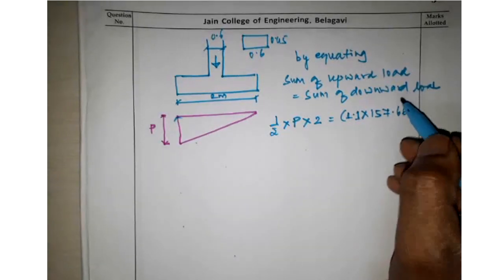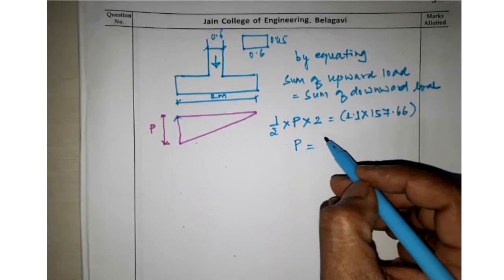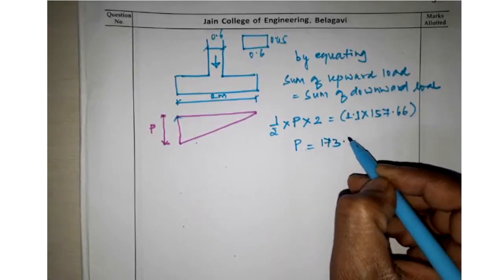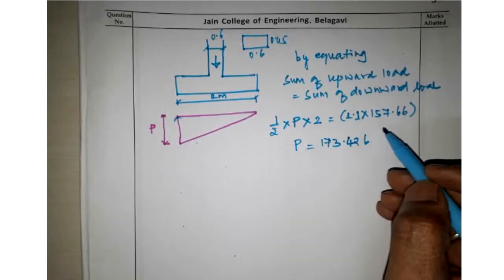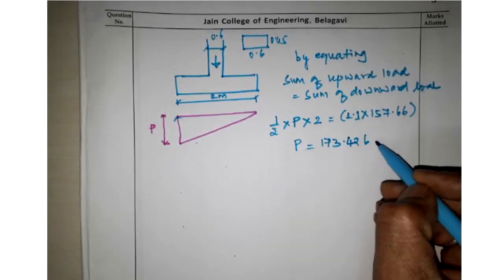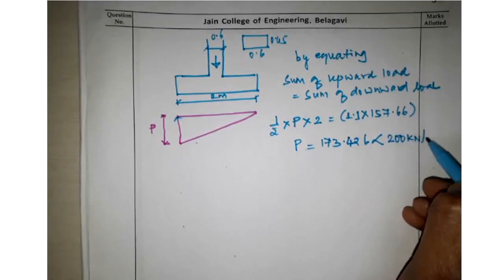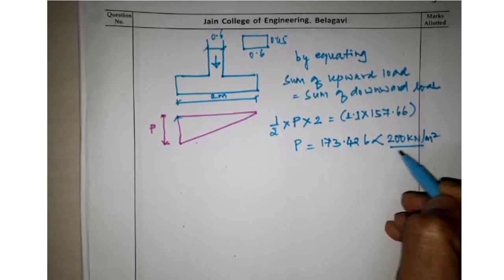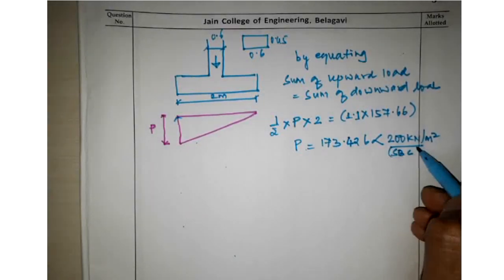So from this we get P as 173.426, which is less than 200 kilonewton per meter square. So what is this? This is nothing but SBC.